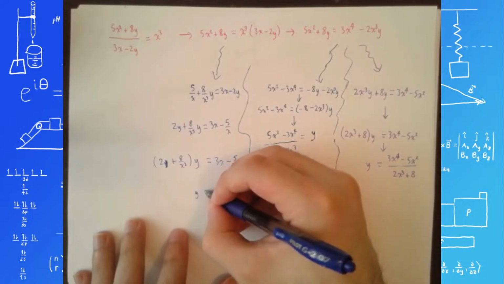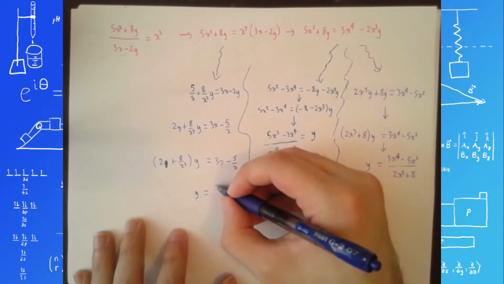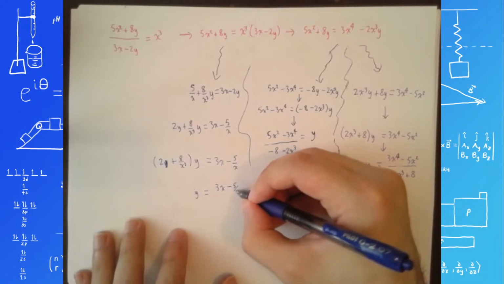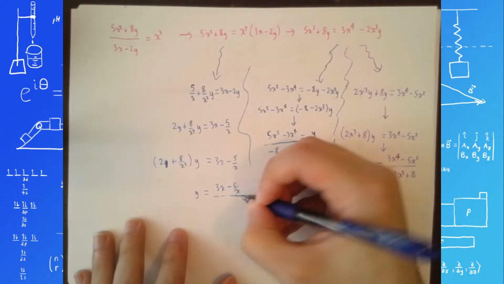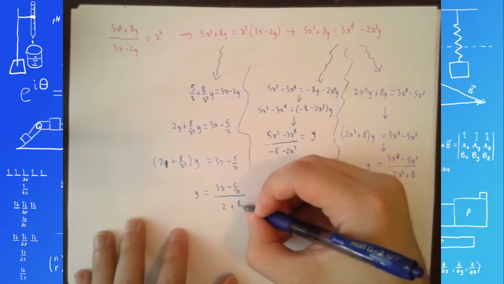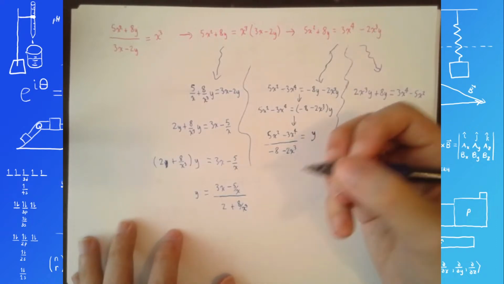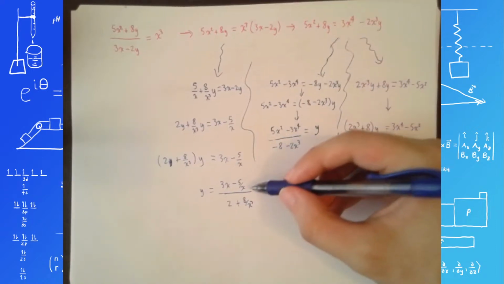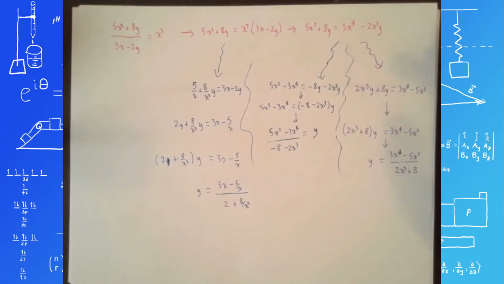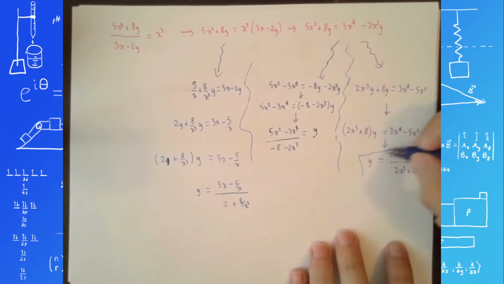Divide, and now you have a very complicated looking expression, 3x minus 5 over x divided by 2 plus 8 over x cubed. And if you multiplied the top and bottom of this complex fraction by x cubed and you distributed it, then you would end up with basically this.